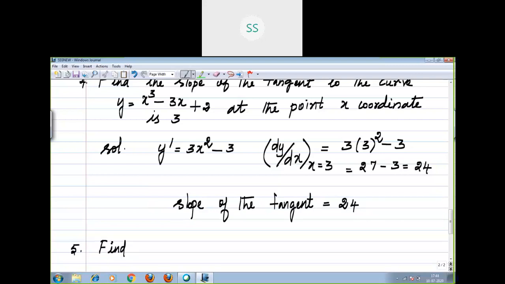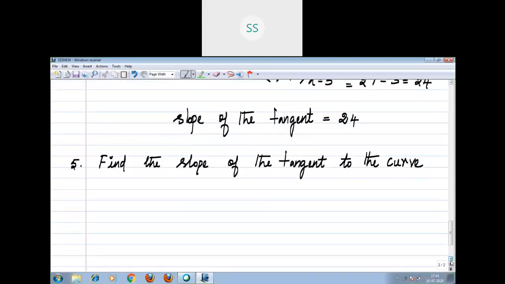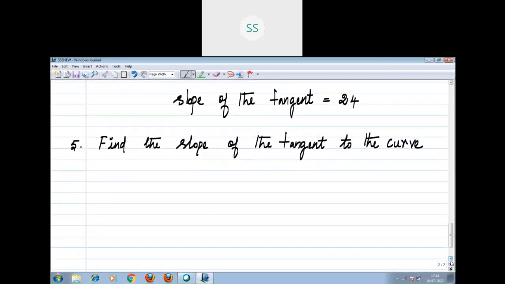Find the slope of the tangent to the curve. Here they are using the trigonometry functions, right? That's why I used to say trigonometry will play a vital role in mathematics, right?